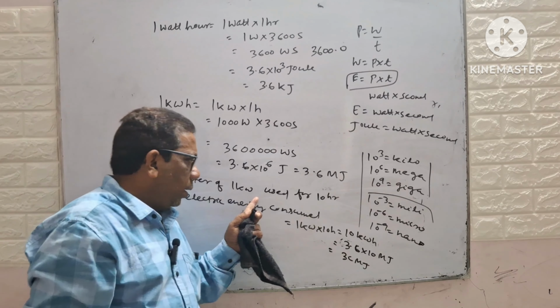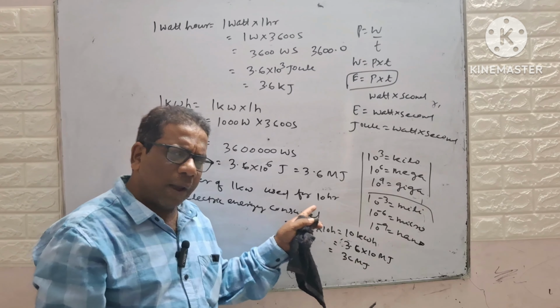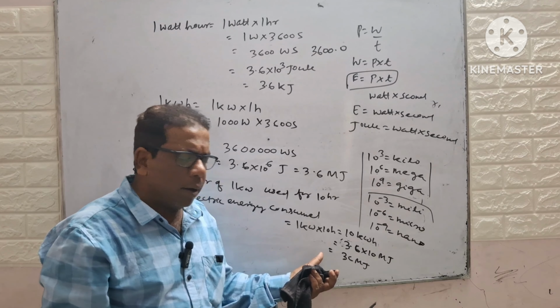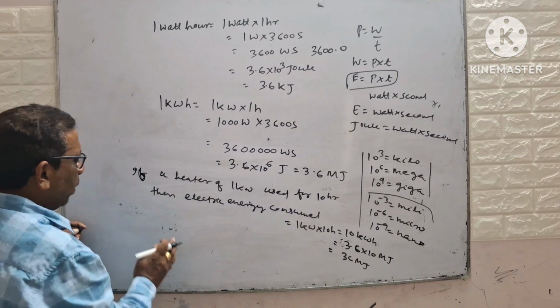When a 1 kilowatt electric heater is used for 10 hours, how much energy will be consumed? Near about 36 megajoule.